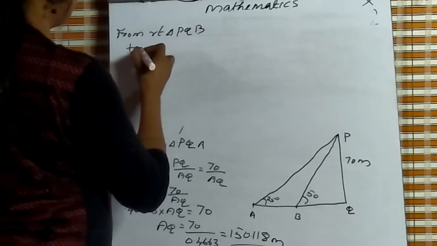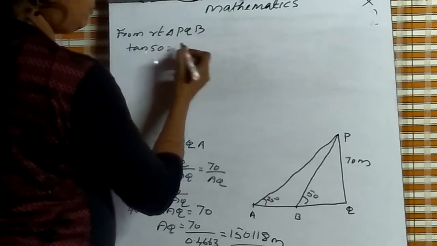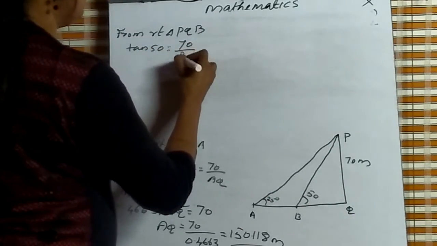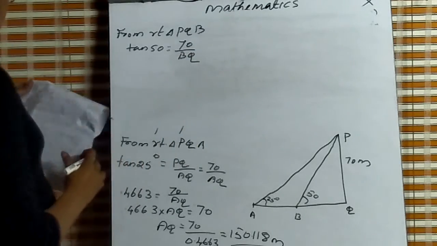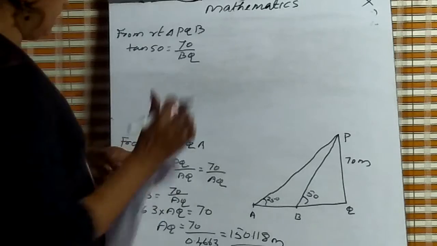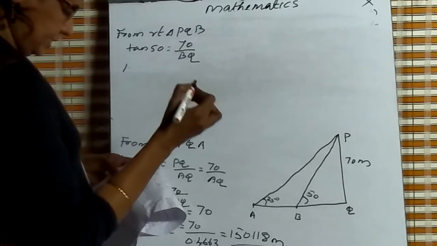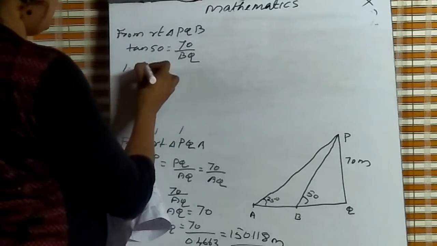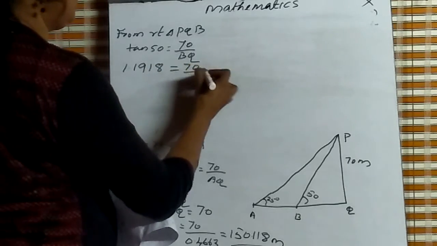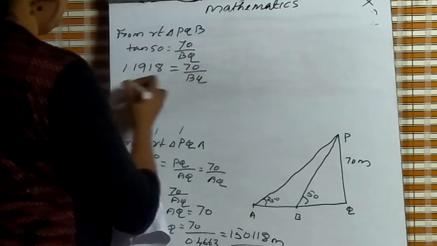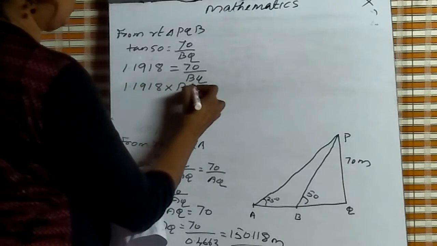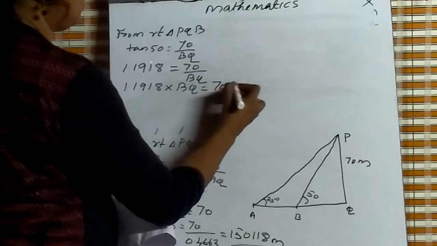What is tan 50? Tan 50 is equal to 70 by BQ. The value of tan 50 from the table is 1.1918, equal to 70 by BQ. 1.1918 into BQ is equal to 70.